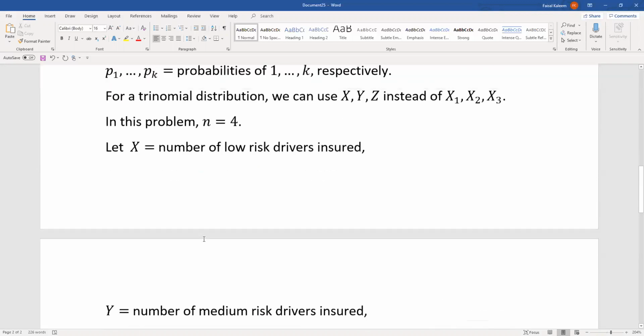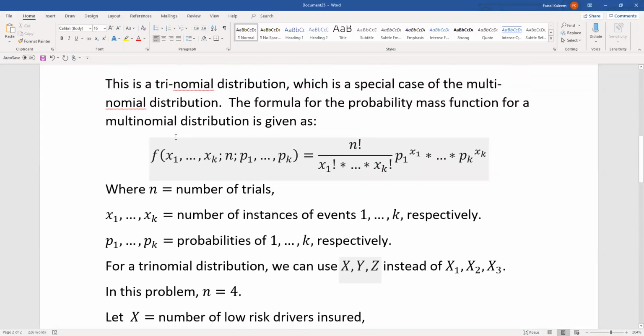For simplicity, we can omit the n and the p's, which is something we also frequently do in the binomial and Poisson distributions. We don't normally write the n's and the p's, we just write the x's.